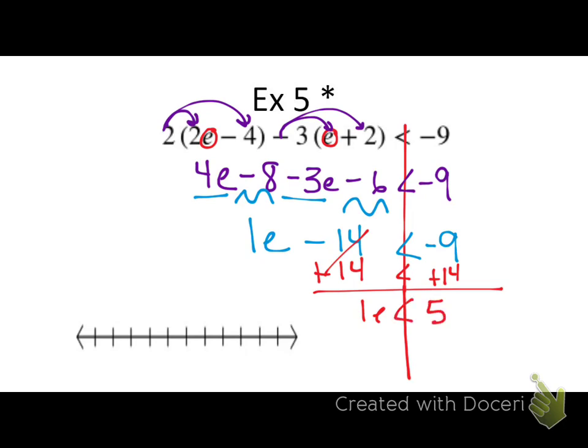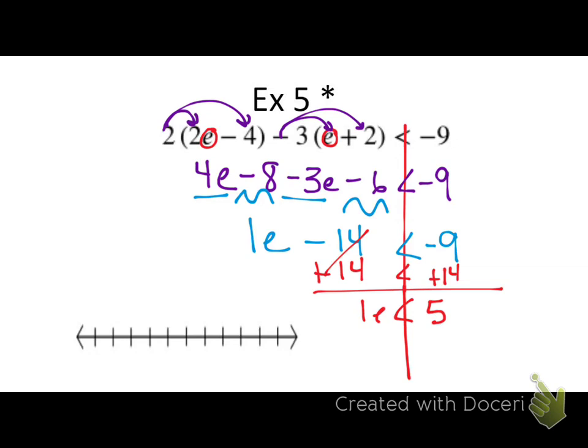Now, there's 2 ways that I can get this e by itself. Because the 1 is positive, what's the quick and easy way to get rid of it? Because it is positive and not a negative, I don't have to worry about moving that negative sign at all. So I can divide by 1, and am I still going to get 5?